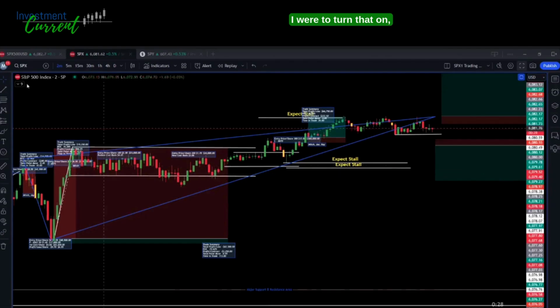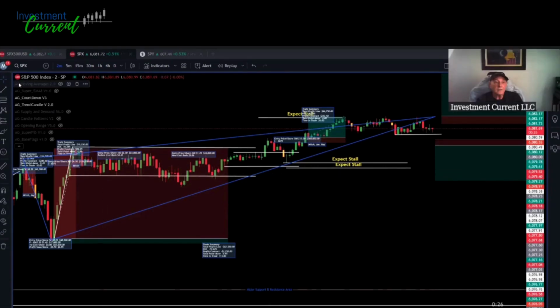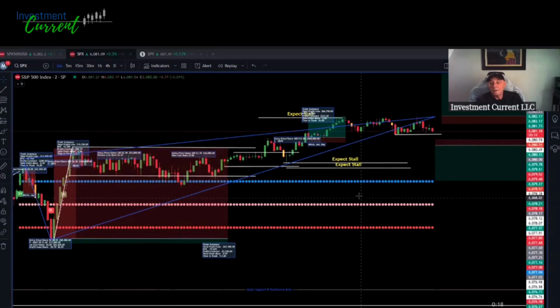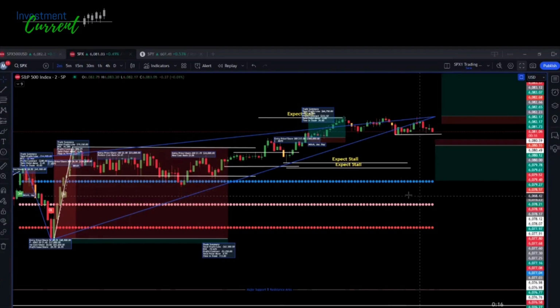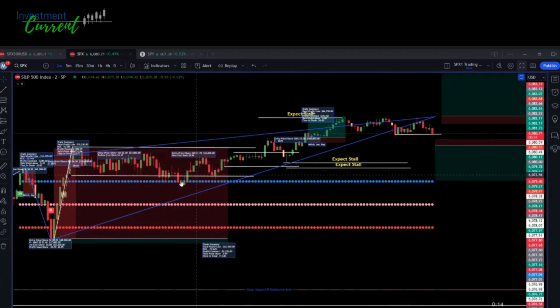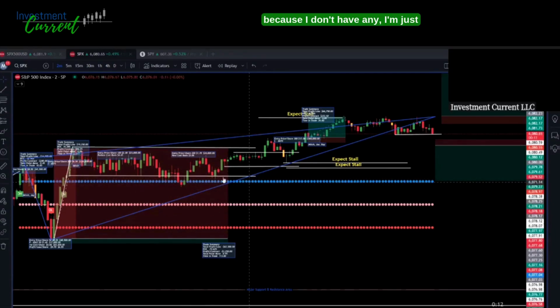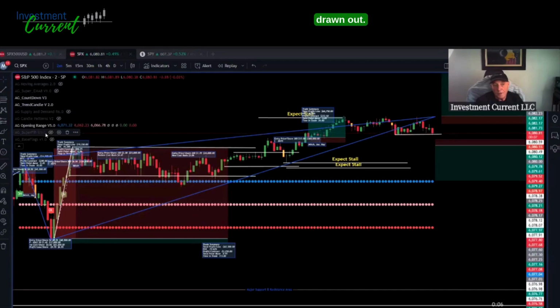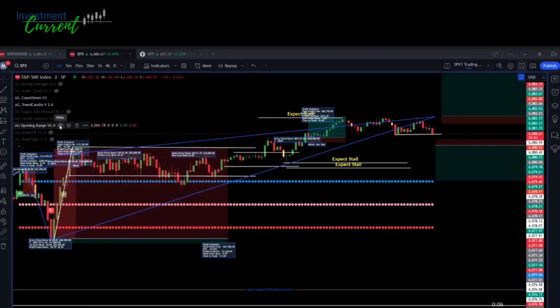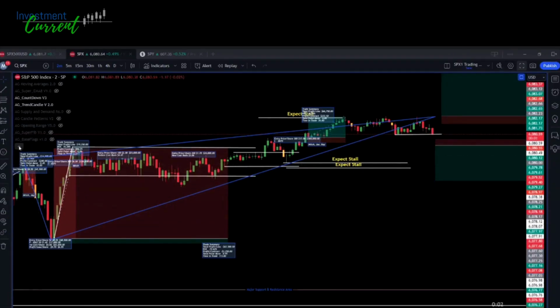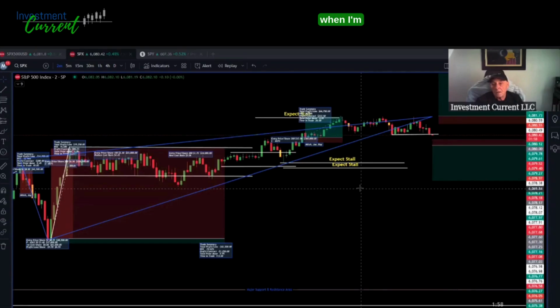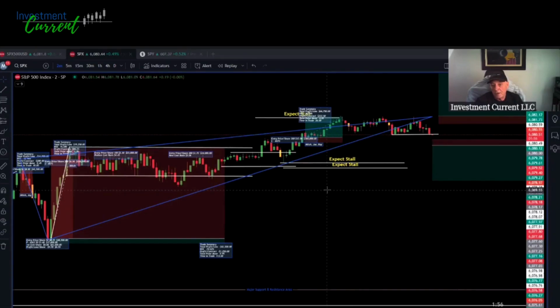If I were to turn that on, you'll see it. But on this chart, I don't have any, I'm just looking at price action and what's being drawn out. This is my go-to chart when I'm doing a trade.